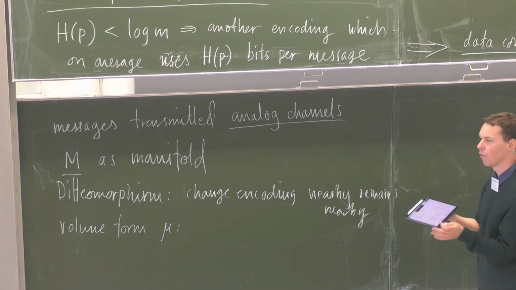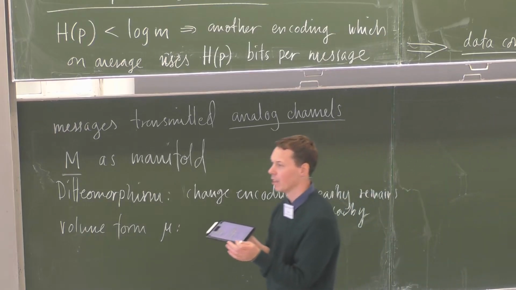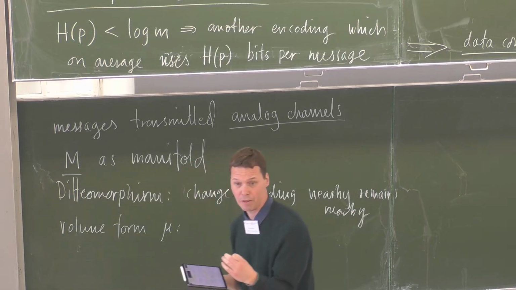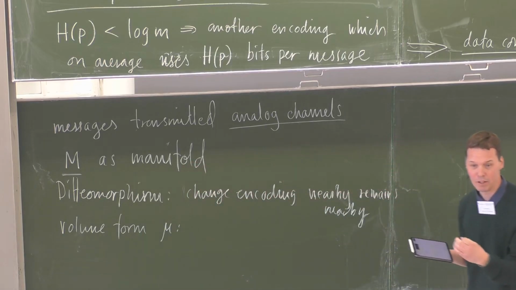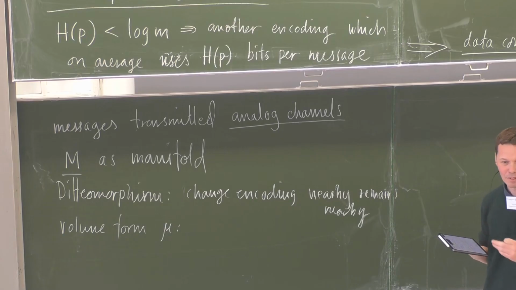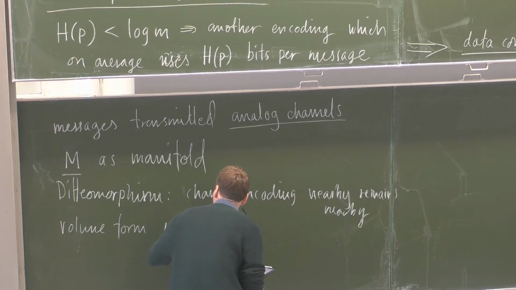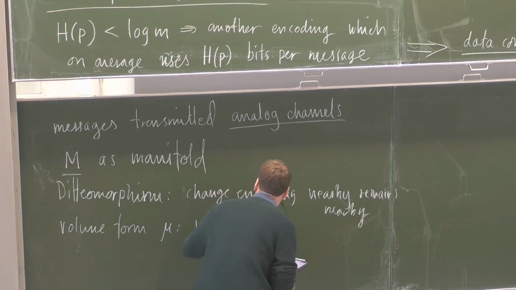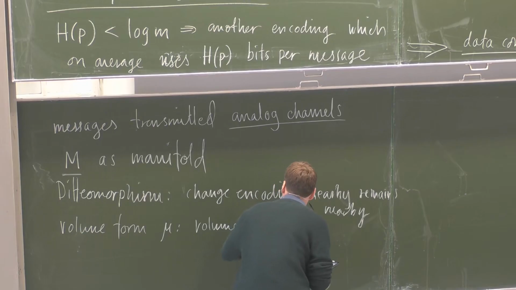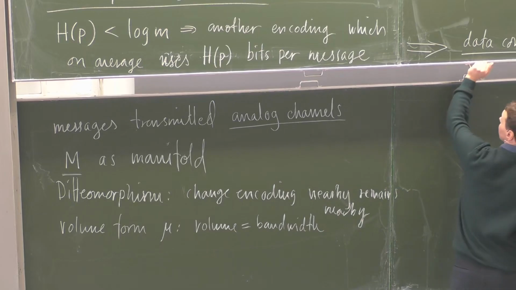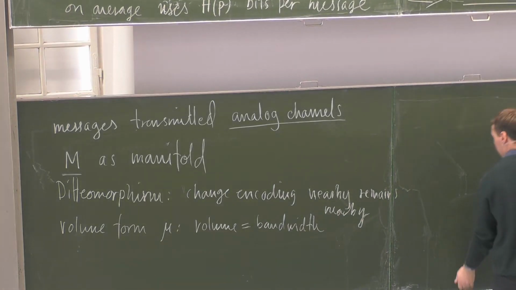Because the idea is the following. Measuring the volume of some little set of messages corresponds to measuring bandwidth, how much information I can store in that little set. So the volume on the manifold corresponds to bandwidth. And then again, we need to connect back to what we did before.